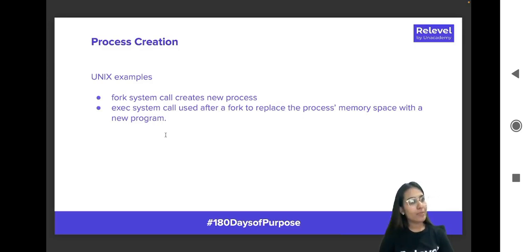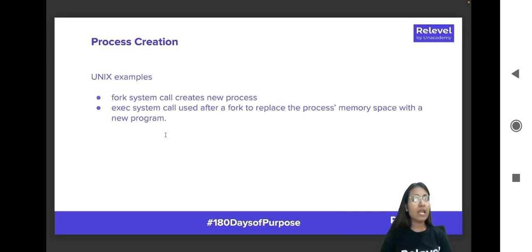The new process has a copy of the address space of the original process. That means the child process keeps the process ID and the address space of the parent process. Because we are storing the address space of the parent process, it's quite easy for the parent process to communicate with the child process. So the communication process becomes very easy.